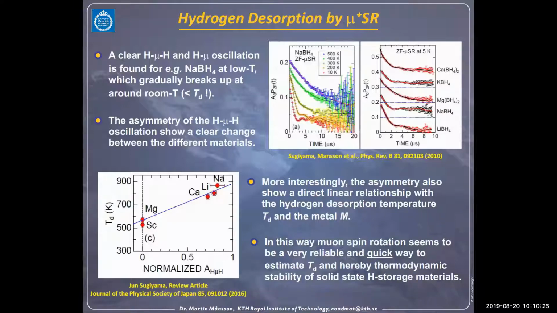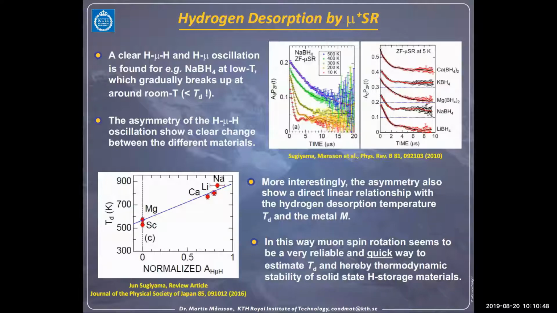And you also see that the symmetry of this oscillation from this H-mu-H changes with different materials. So here it's much clearer, then it gets weaker and weaker, and you can almost just see it here. And actually, if you plot this asymmetry as a function of the desorption temperature, you have a linear dependence. This is very interesting.